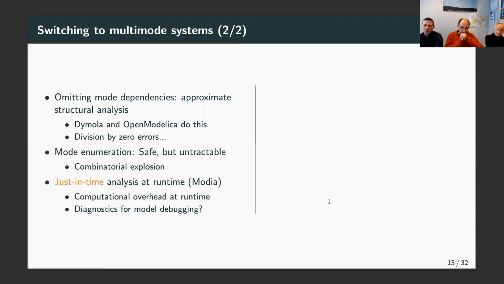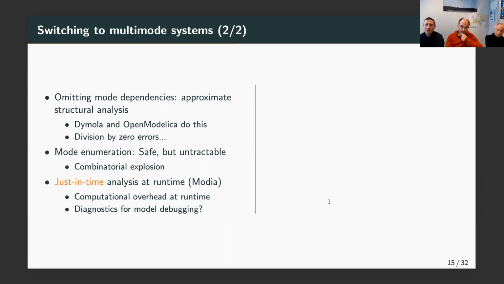Another solution was proposed consisting basically of a kind of just-in-time compilation. So the idea would be that at runtime, every time a mode change is detected, the structural analysis in the new mode is performed so that simulation code can be generated on the fly for the new modes. There are a few issues with this approach, or let's say at least a few limitations, one of which is a possibly large computational overhead at runtime.